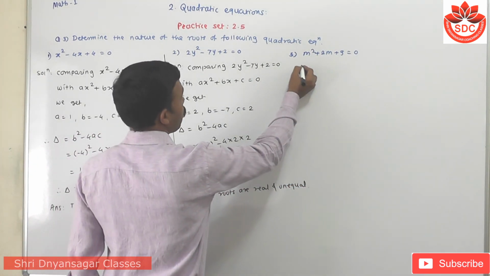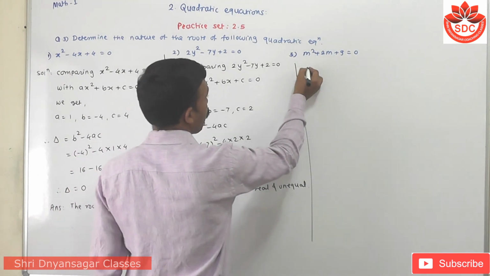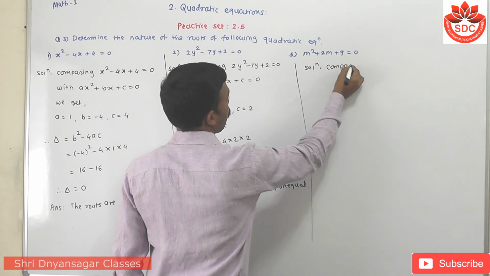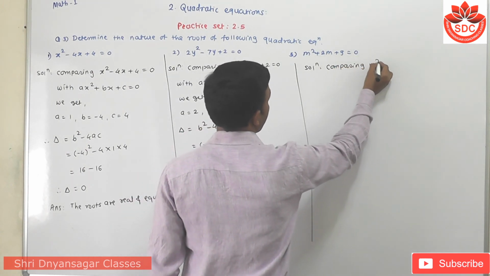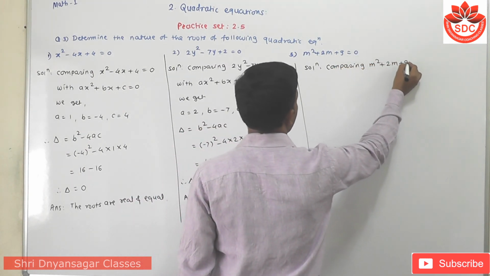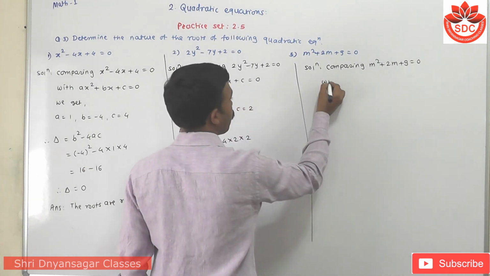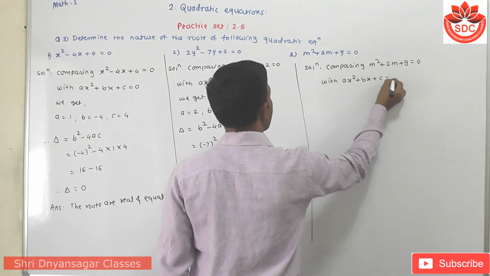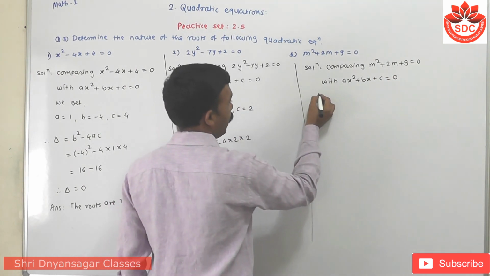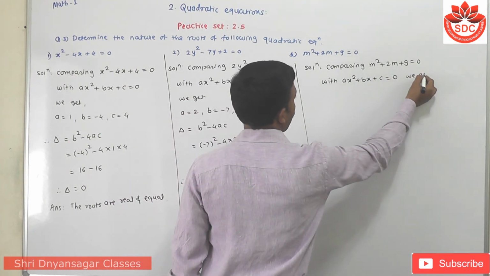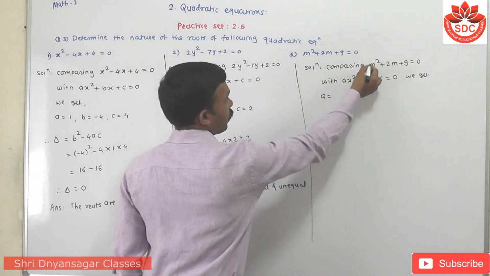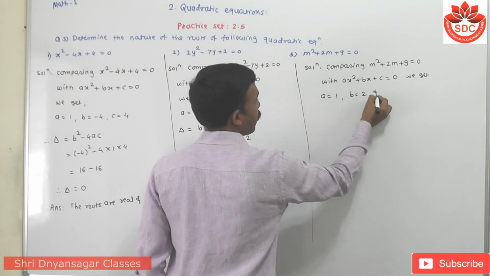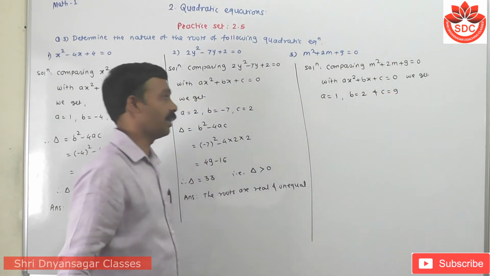Then its solution. Comparing m square plus 2m plus 9 equals 0 with ax square plus bx plus c equals 0, we get a is 1, b is 2 and c is 9.